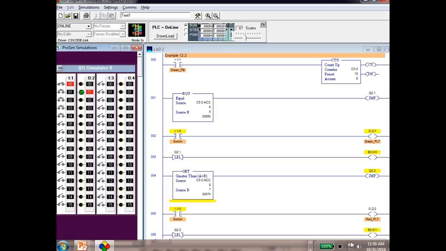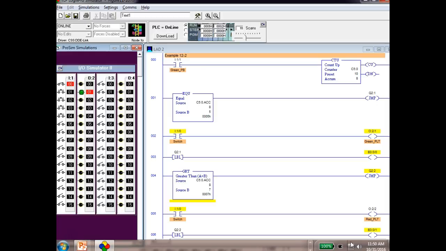The jump and label is what we call an instruction pair, which means what? We don't have one unless we have the other. We have to assign them the same address, and whichever one we assign it, that's the way we can tell where the label goes to.